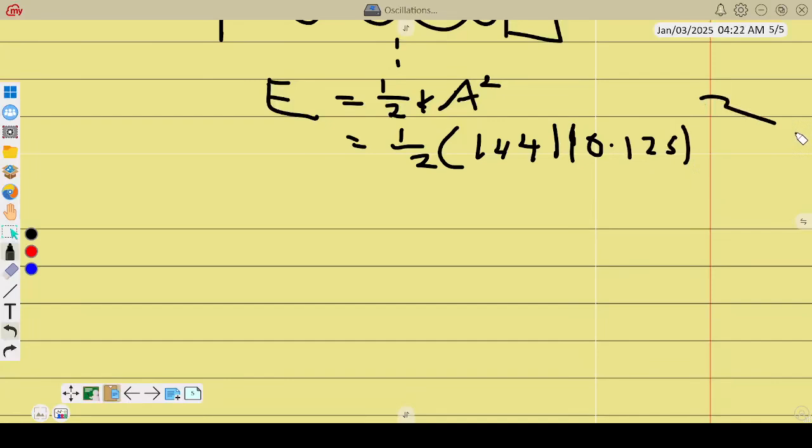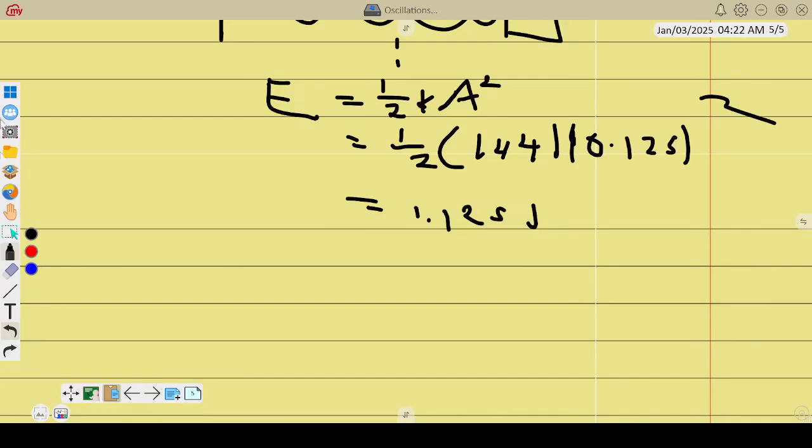You can finish it up from there. The total energy you are going to get is 1.125 joules when you multiply everything.